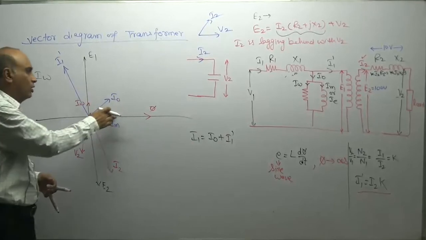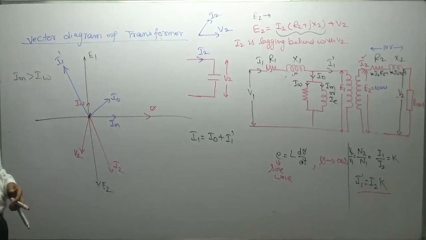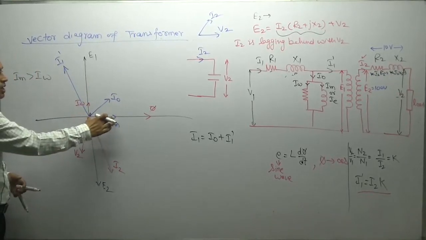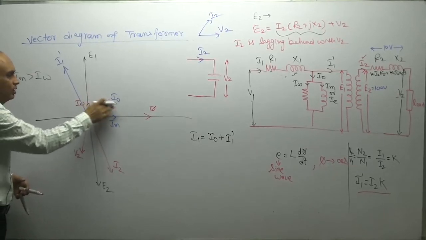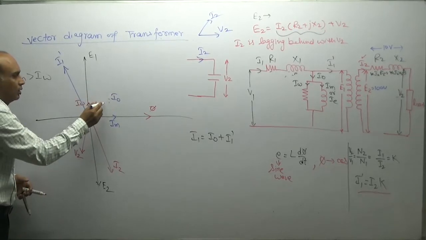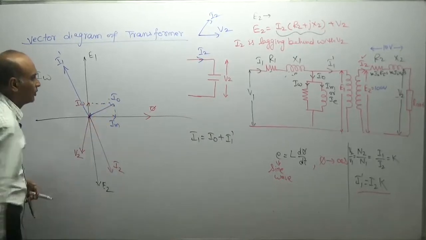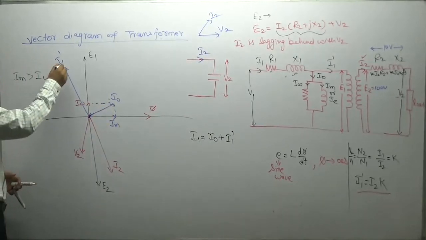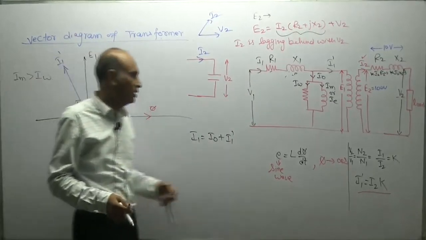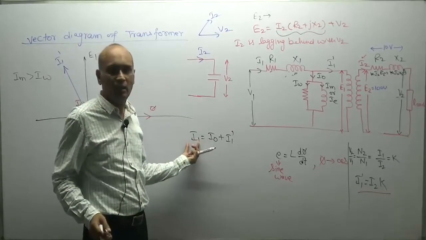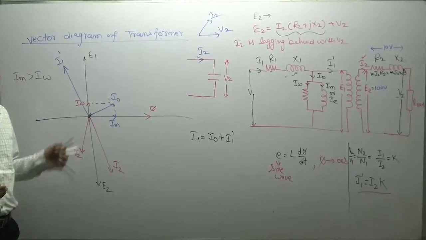Please note that no load current should be towards Im. Means Im is higher than Iw, so no load current should be towards Im. So vector sum of this one and this one will be final I1, right?